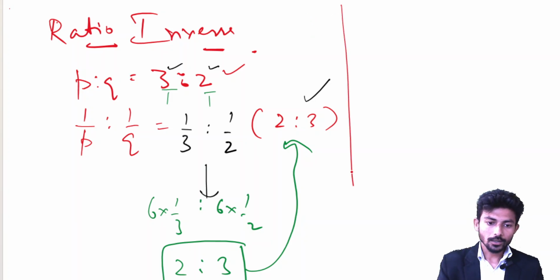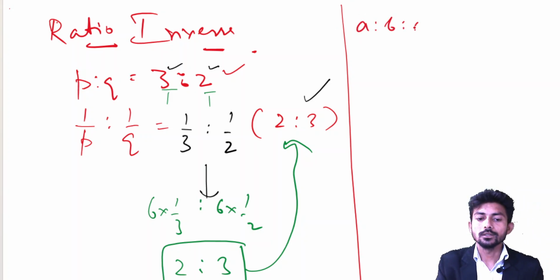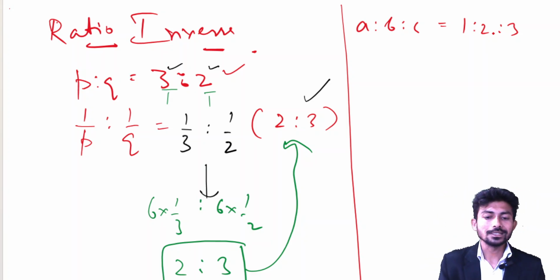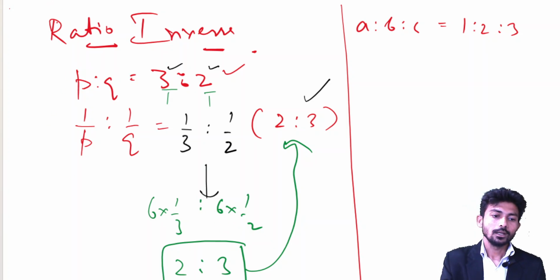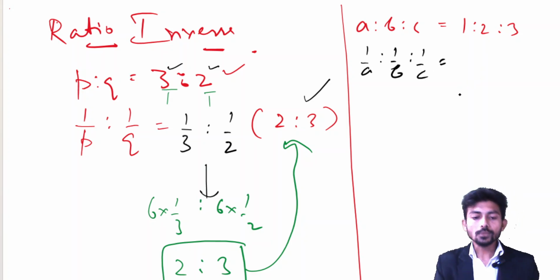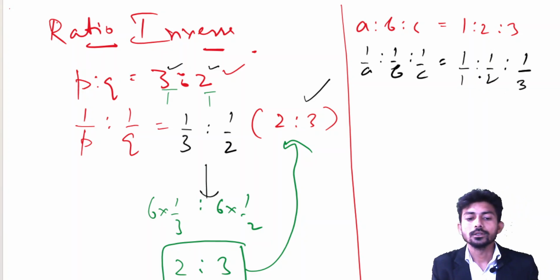Now understand another case, where A, B and C are in the ratio 1 ratio 2 ratio 3, and we have to find the inverse ratio of A, B and C. How will this be done? This will be 1 by A, 1 by B and 1 by C. So this is 1 by 1, which is already 1, then 1 over 2, and 1 by 3.